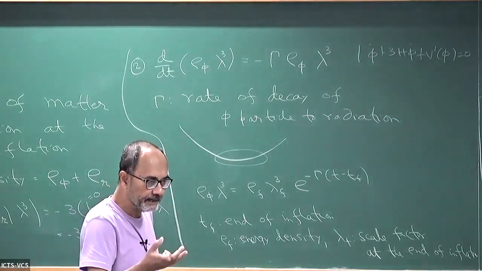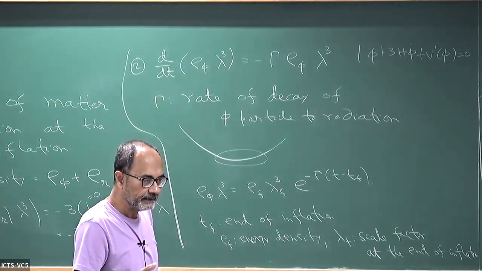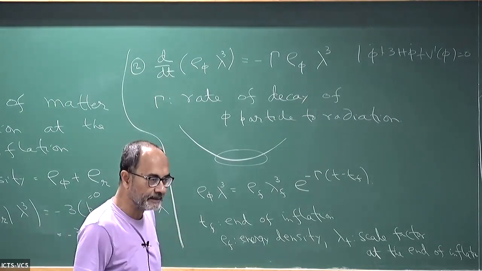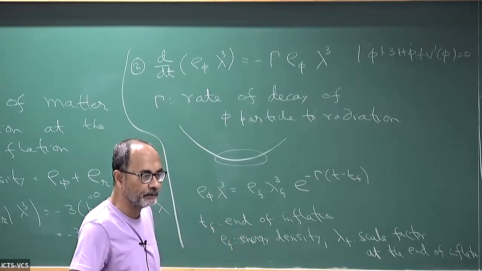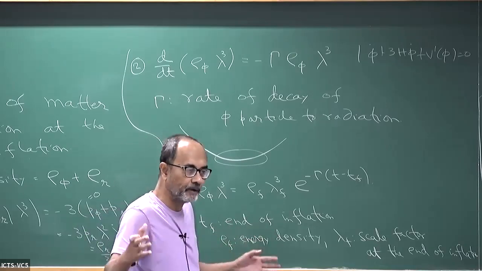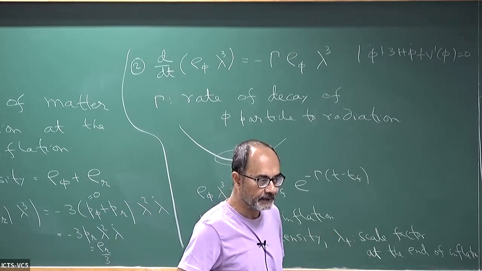If this process got delayed, then it will again rise and reach some peak value, but by that time the energy density has gotten diluted, some in the form of matter, some in the form of radiation, but both get diluted.